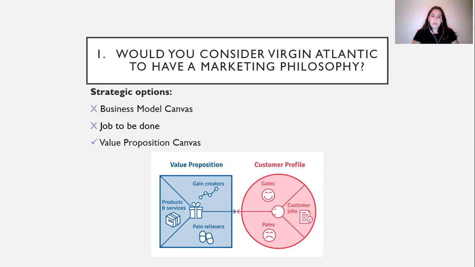And well, coming back to the gains and to the value proposition, then we mentioned that gain creators are entertainment and experience, and pain relievers is the food, space, and comfort during the flight.